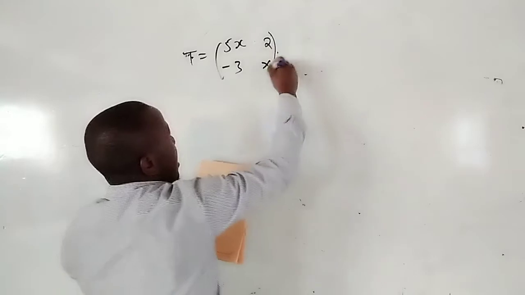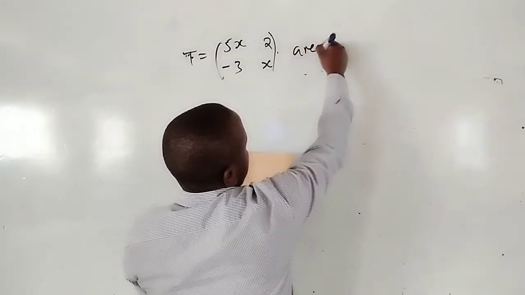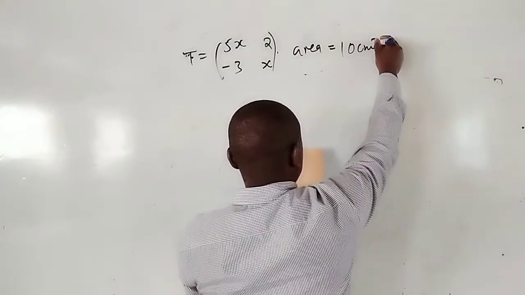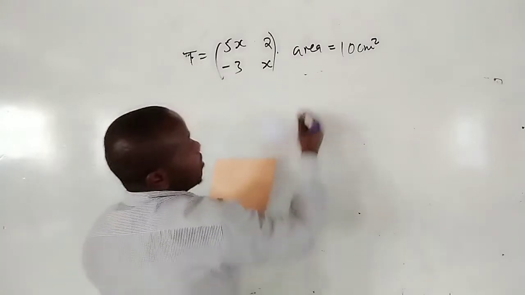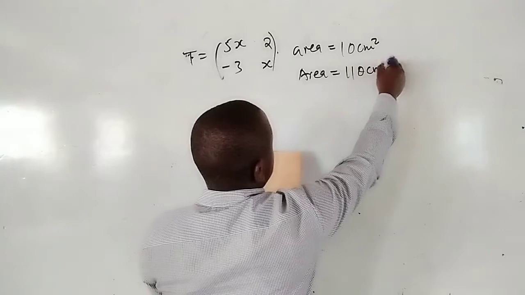Then we are told under T, a square of area 10 square centimeters is mapped onto a square of area 110 square centimeters.